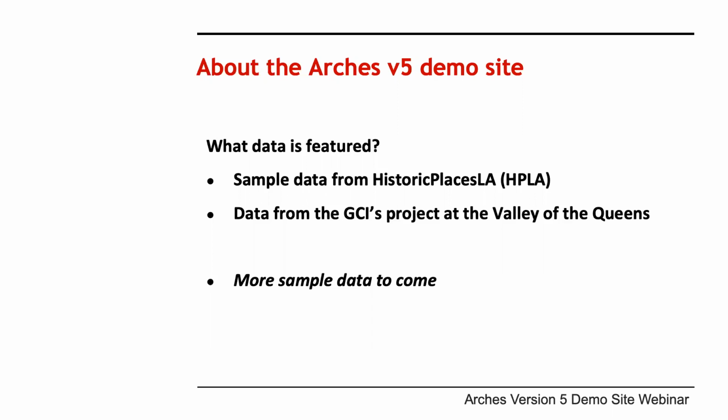We plan on adding other sample data as we update the site, but still, it is very possible that your data and requirements are quite different, and you might need a different data configuration and interface, which you can do with your own instance using features like the Arches Designer.